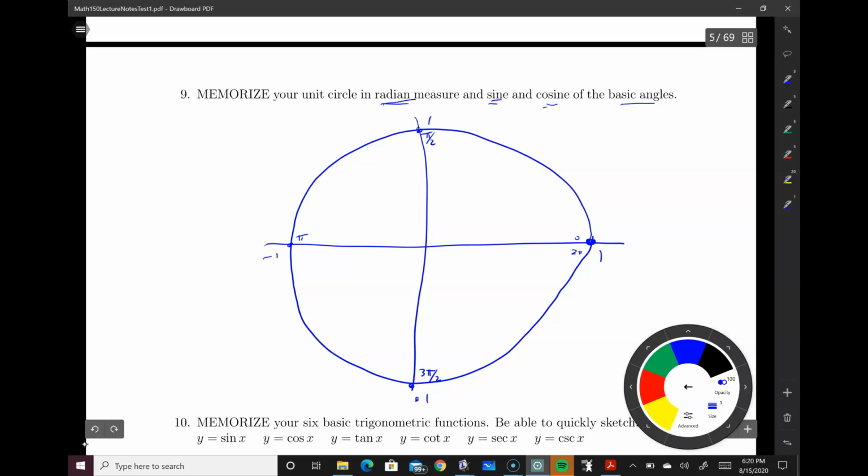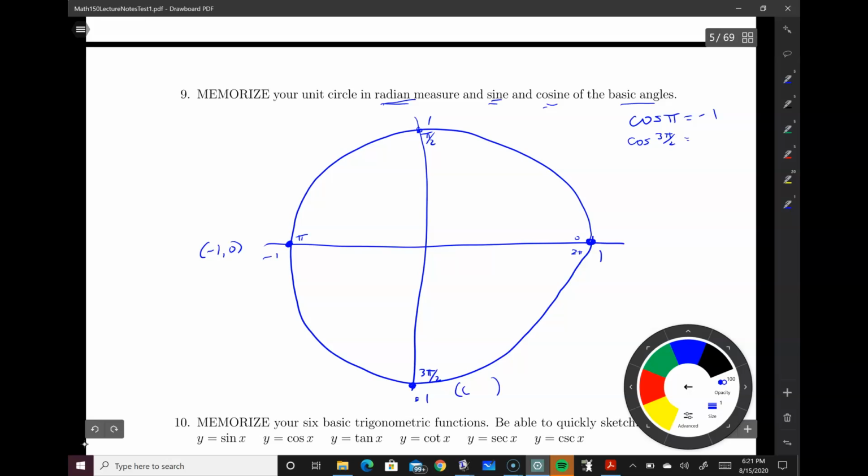Okay. So what I'm going to be expecting you to know, if I ask you what is cosine of pi, that's going to be what's the x value at the angle pi. So this ordered pair is -1, 0. So this answer is -1. If I asked you what the cosine of 3 pi over 2 is, you'd go to the angle 3 pi over 2.